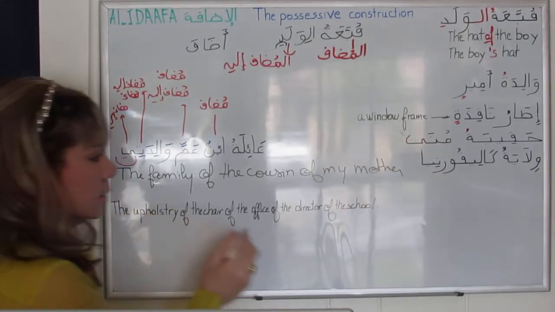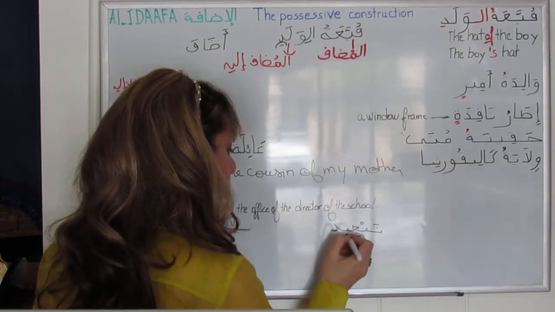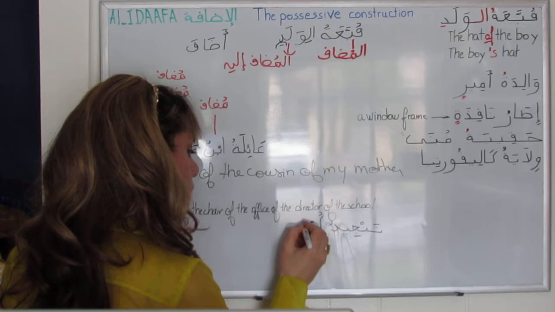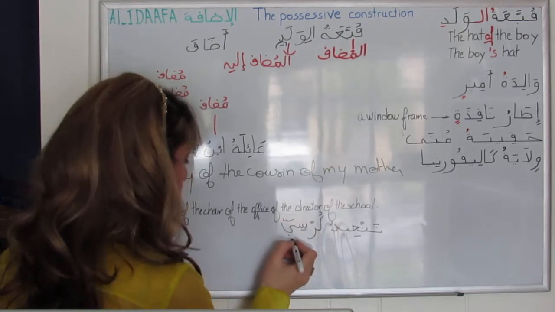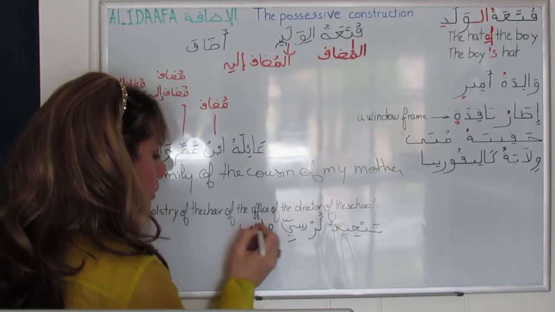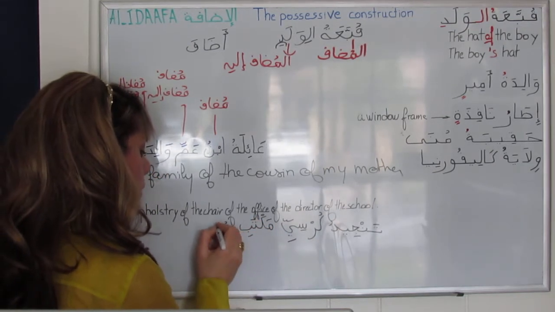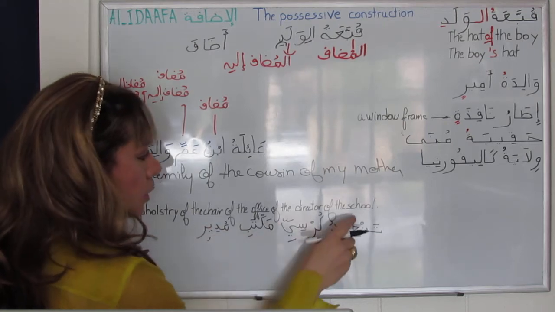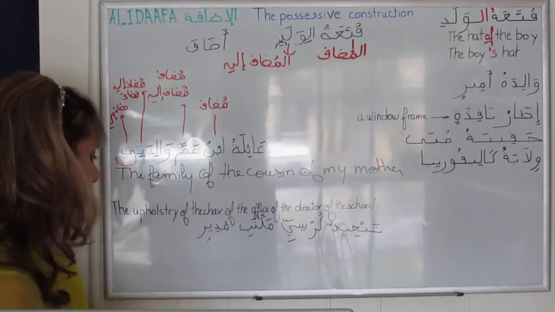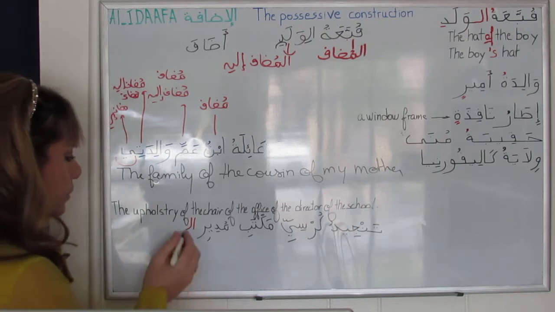So the upholstery, tanjidu, the chair, kursiyin, of the office, maktabi, of the director, mudiri, of the school. Now we will add the definite article al, because it's the last term of the idafa. Al madrasati.